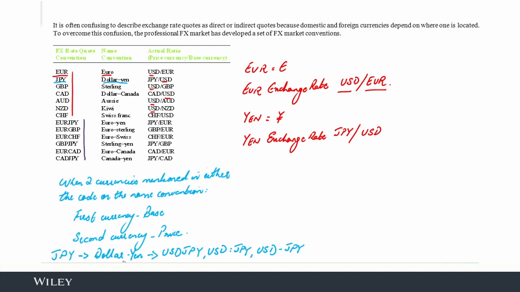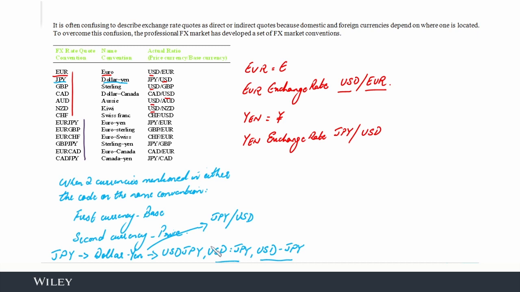So the $yen exchange rate can be written in any of these four forms, but know that since it is called the $yen quote, it is written in terms of JPY per USD.